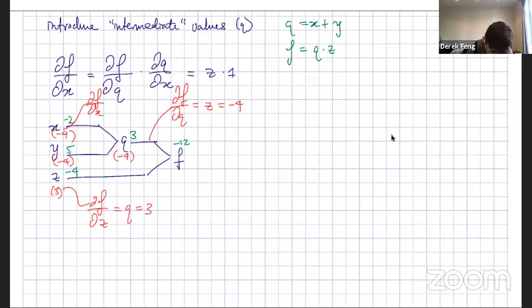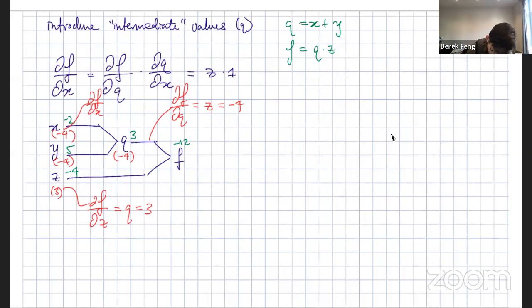Now let's think about q. Because the gradient is negative, that tells me I want to be decreasing q to increase my final value, which is f.